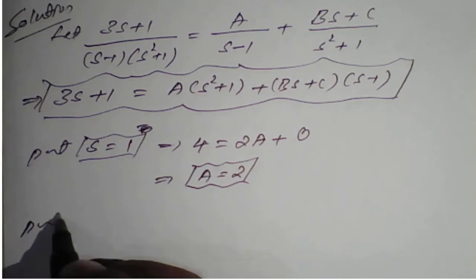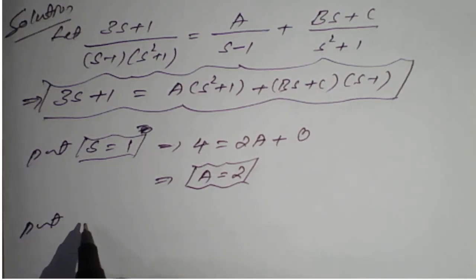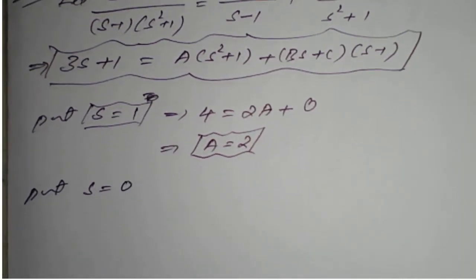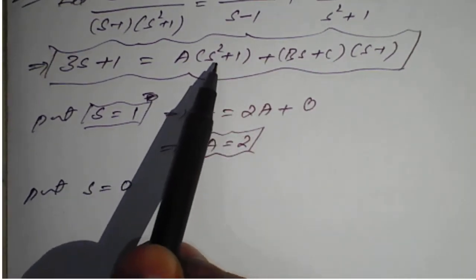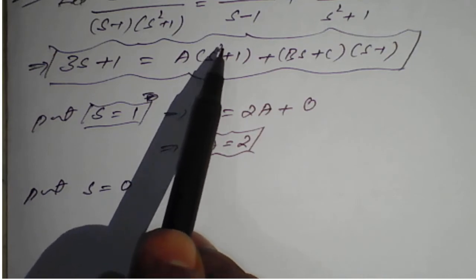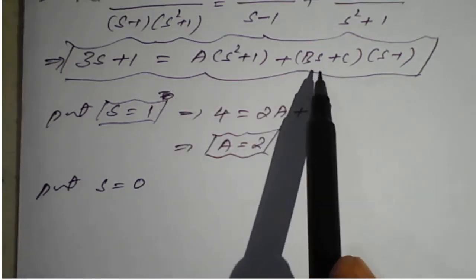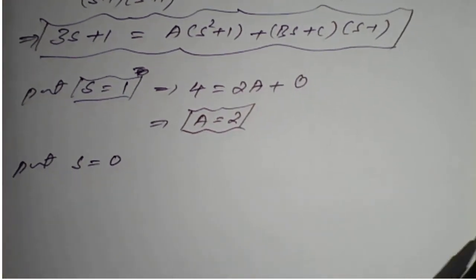Now put s is equal to 0, because we don't have any other option right now. If we put s is equal to minus 1, minus 1 squared is plus 1, 1 plus 1 is 2 only, so again we will not get a particular value of any constant.